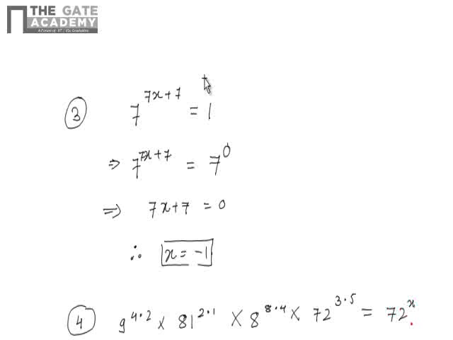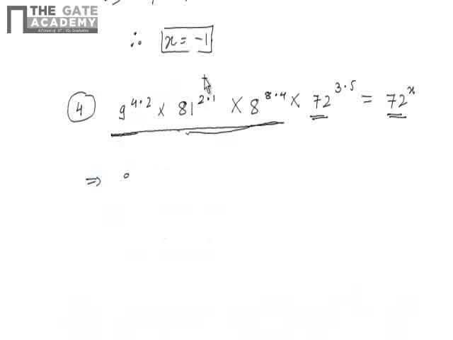Now the next problem. Find x. In this question also we'll have to find the value of x. Now since here the base is 72 and also one of the terms on this side is also 72, we'll not touch this term. We'll try to reduce this term to 72 as a base. Okay, now this 81 we can write as 9 raised to 2, then 9 raised to 2 into 2.1.